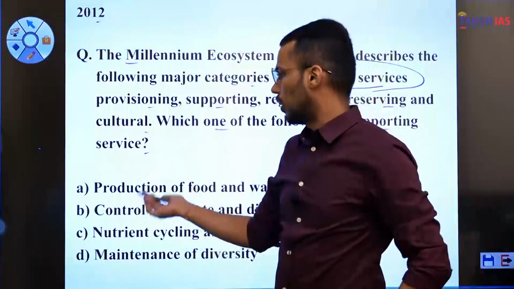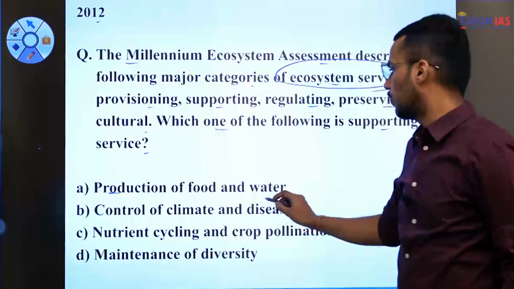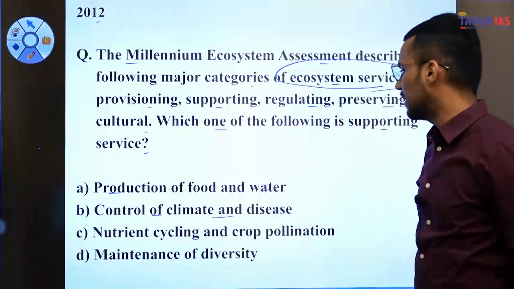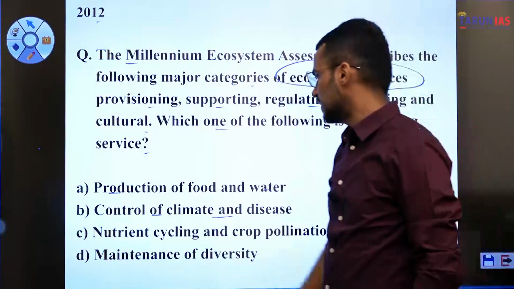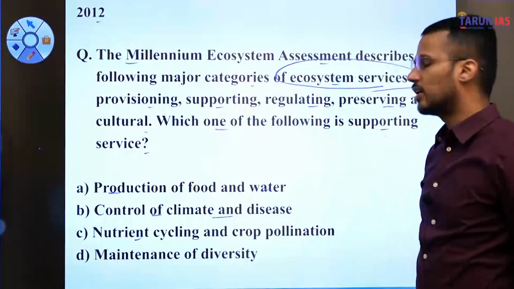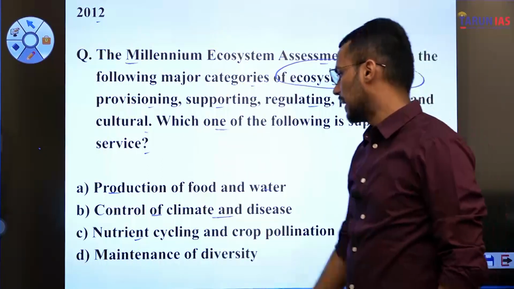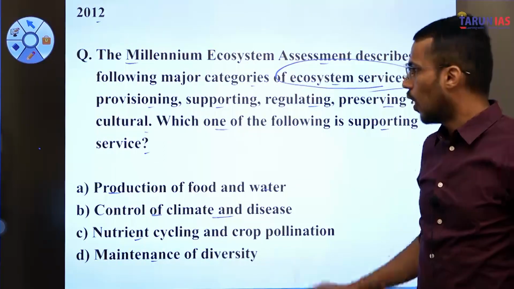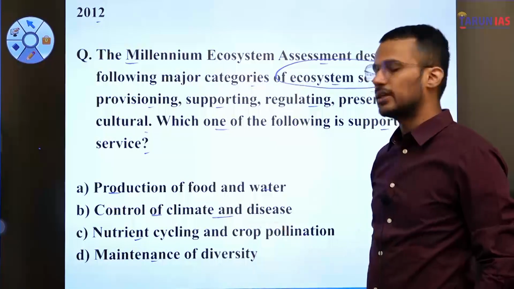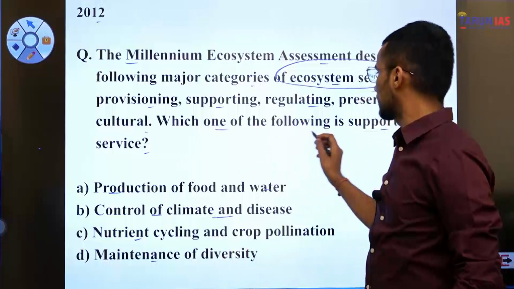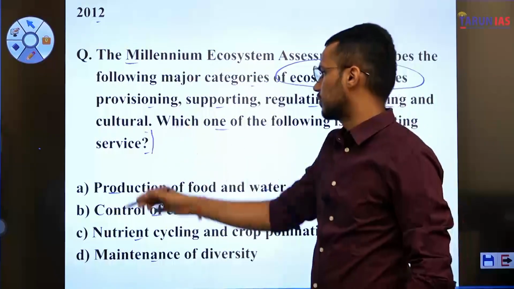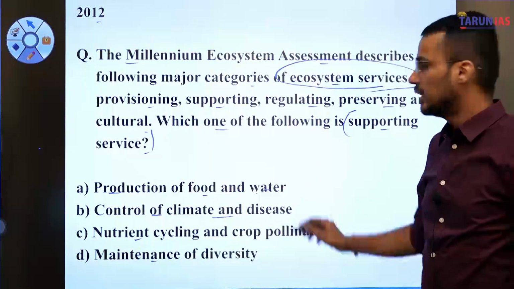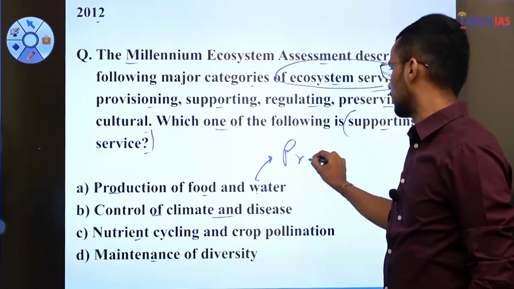So options are A, production of food and water, B, control of climate and disease, C, nutrient cycling and crop pollination, and D, maintenance of diversity. Out of these options, they are asking us to find out the supporting service. So production of food and water is a provisioning service.